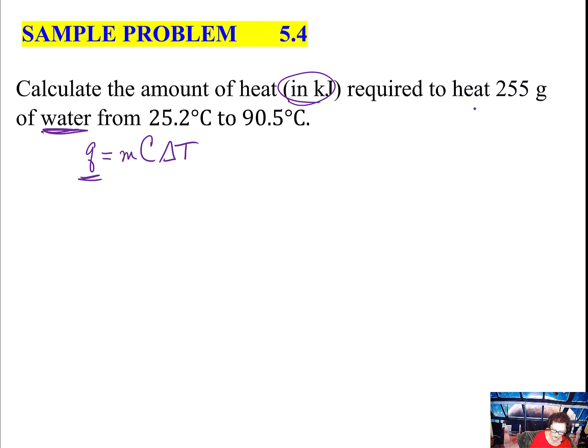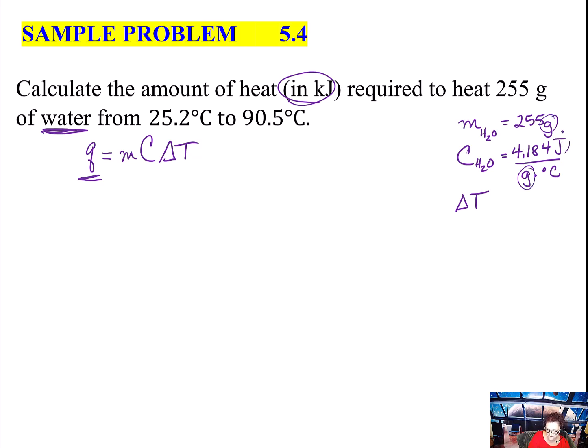So in this problem, I have a mass of water, which is 255 grams. I know what the C of water is. The specific heat of water is 4.184 joules over gram times degree C. And to get the delta T, and notice I've got grams.